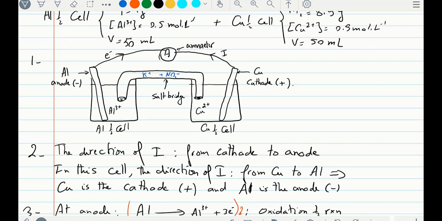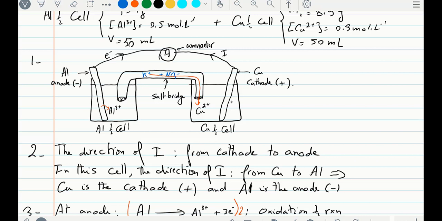The cations in the salt bridge move toward the cathodic half cell, and in the Al half cell we have formation of Al3+ ions.